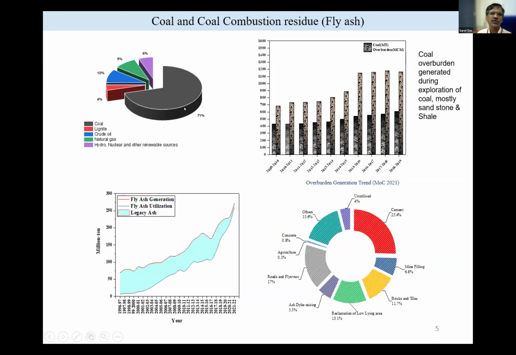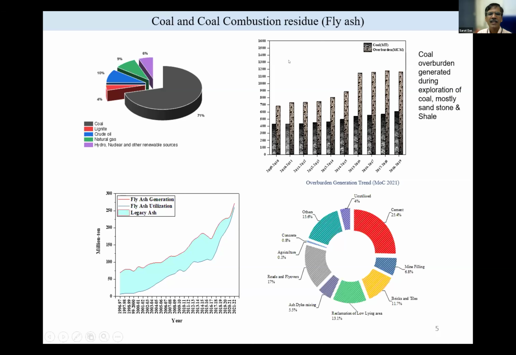When we are extracting so much coal, by the side we are also generating coal mine overburden, which is mostly sandstone and shale. So the sandstone, it came to my mind, can we make it a resource?